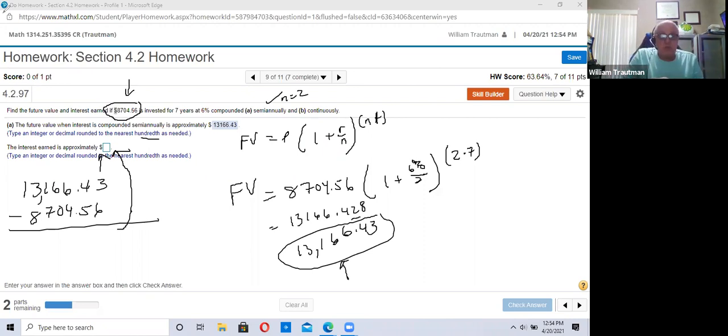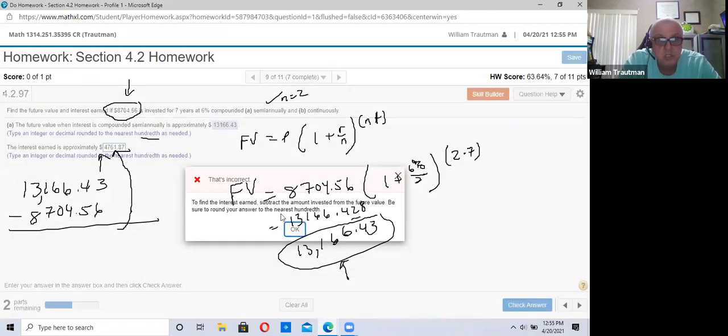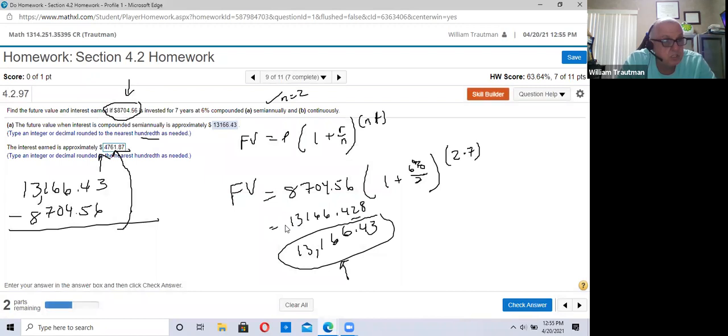I might as well do it because I want to do the next part. 13166.43 minus 8704.56. So the interest earned is 4761.87 when I put this in my calculator. And I did something wrong.